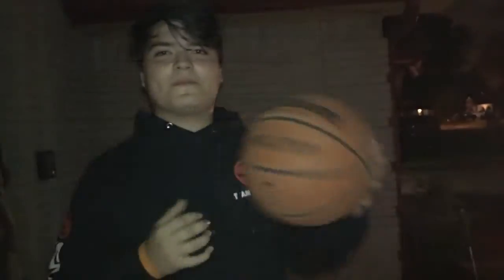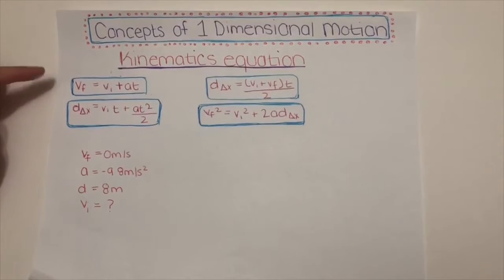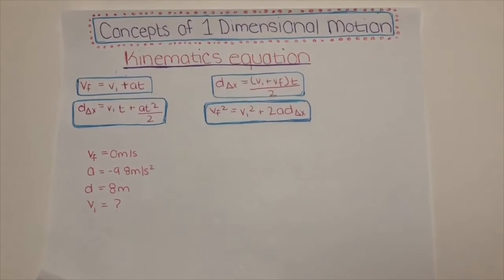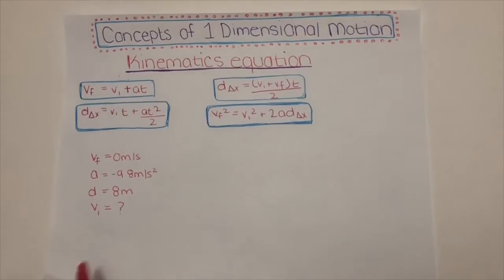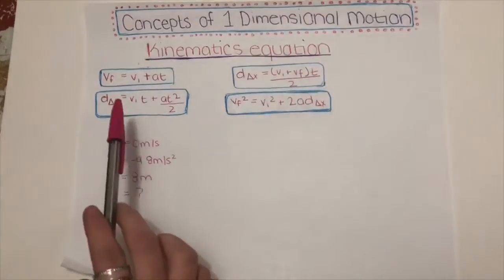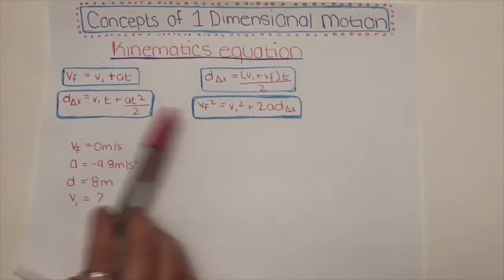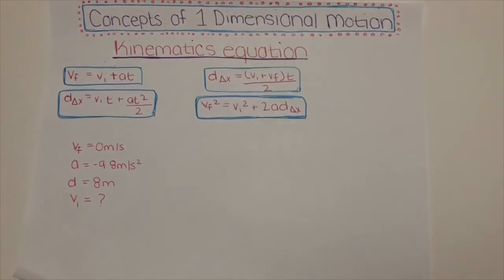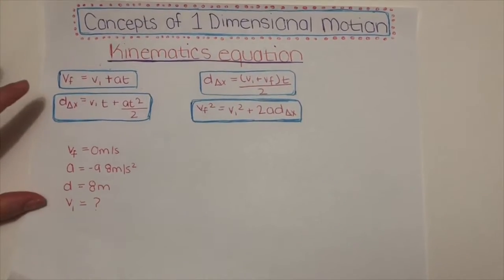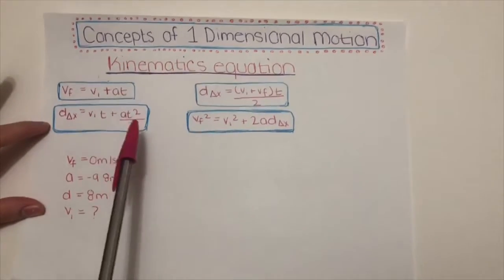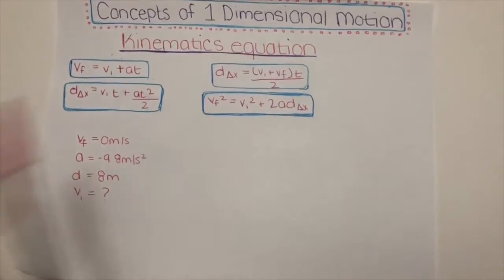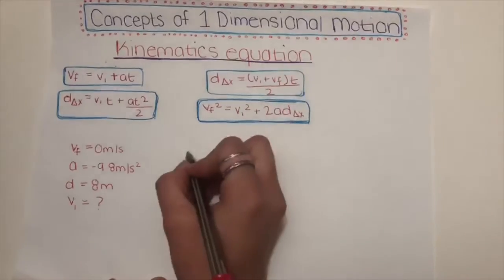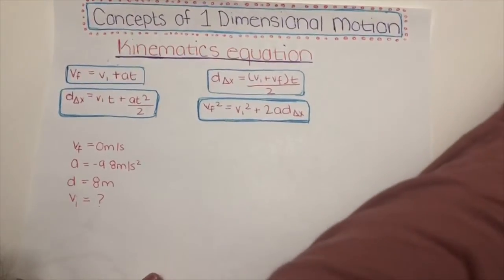Take it away, Brianna. Okay, these are the kinematic equations we're going to be using in order to find the initial velocity, and we're gonna manipulate one of these four in order to get the initial velocity. So in order to find the initial velocity, we're gonna use this equation, and so this is how you do it.